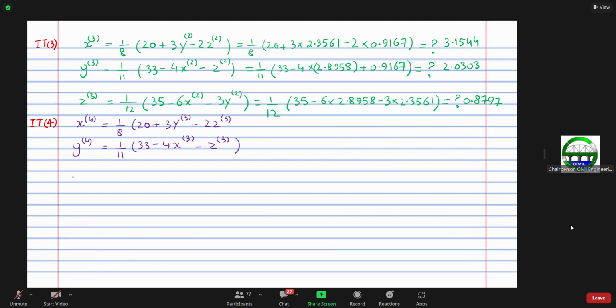And then finally z iteration 4 is equals to 1 by 12, 35 minus 6x iteration 3 minus 3y iteration 3. So I want these 3 values.